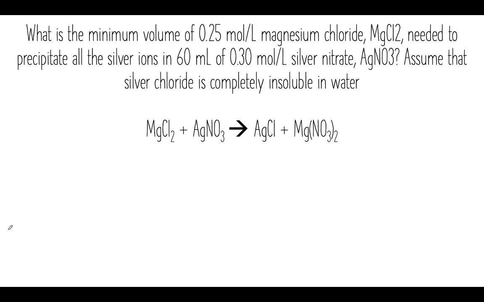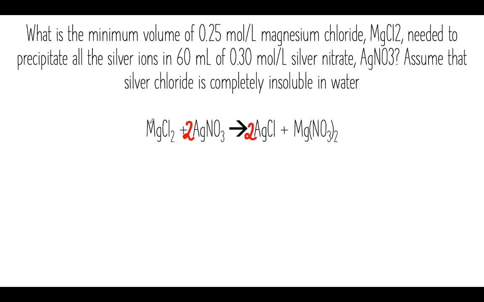All right, so we're taking a look at this equation that we're given, and what you always want to do is balance the equation. That always should be your first step, because if you get that wrong, your mole ratio is going to be off, which means your answer is going to be a little bit off, okay? So when I balance this equation, I would put a 2 here and a 2 here.